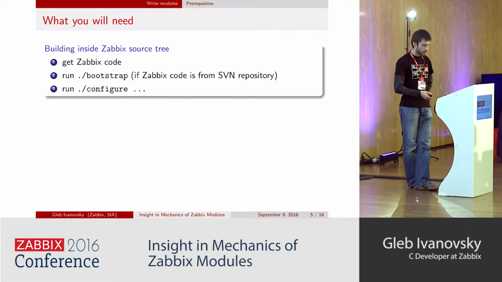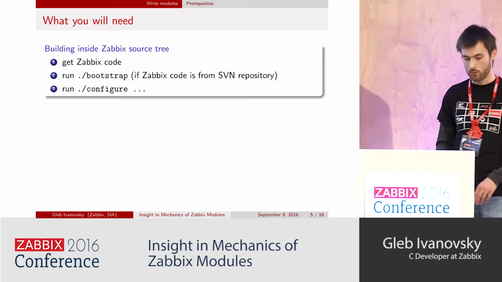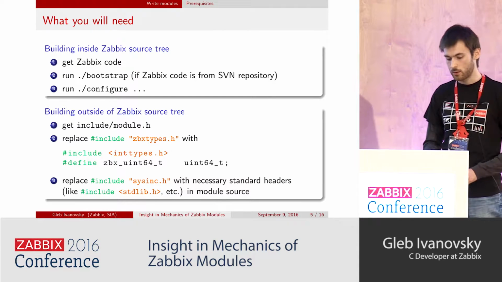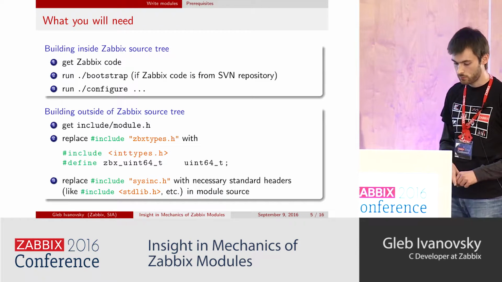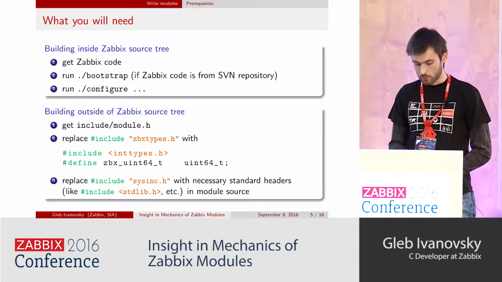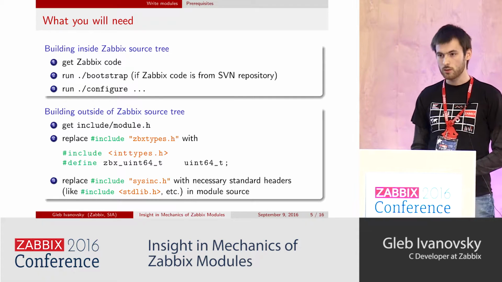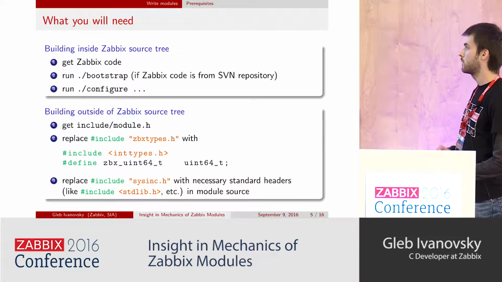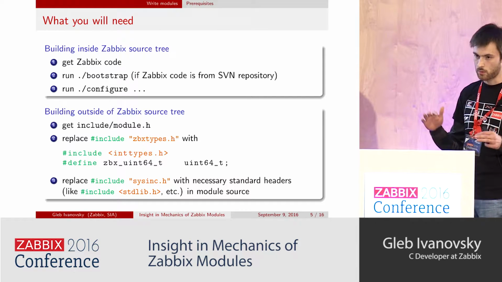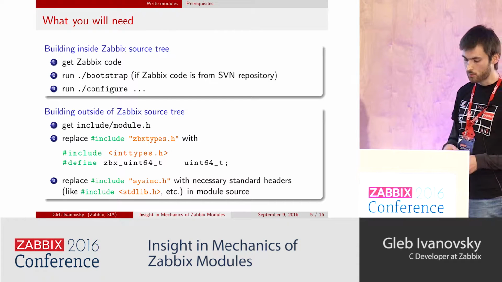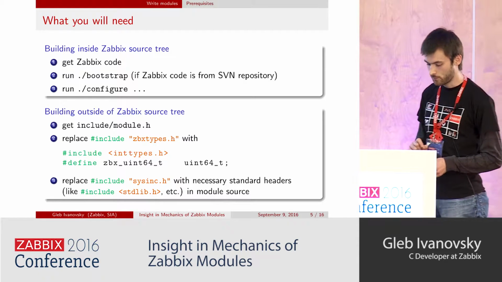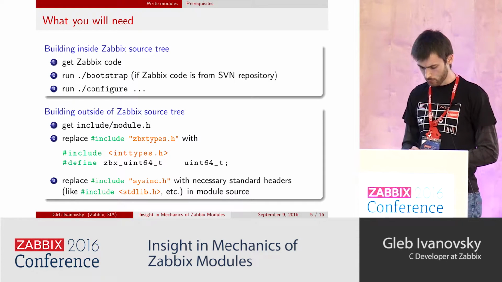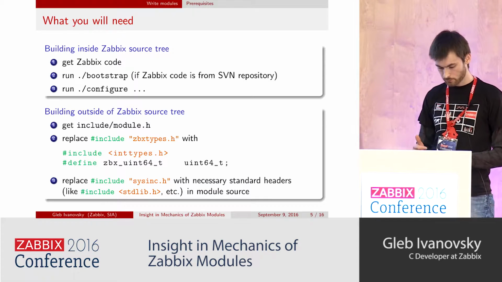But if it's too much, pulling the whole Zabbix code, you basically need just one header from Zabbix. It's in include/module.h. But it requires patching. For example, this header is used to build the whole Zabbix, so it depends on other things. But with some small patches, you can make it independent.